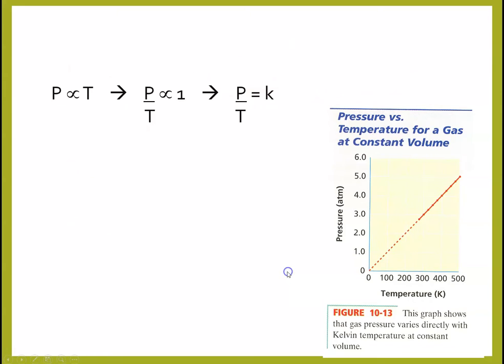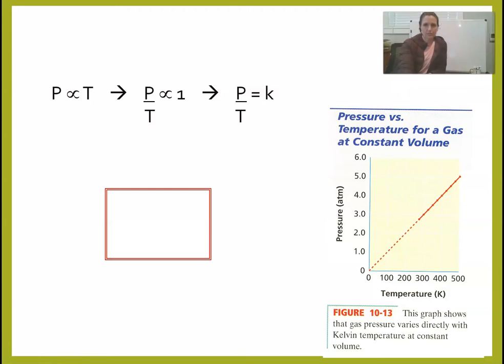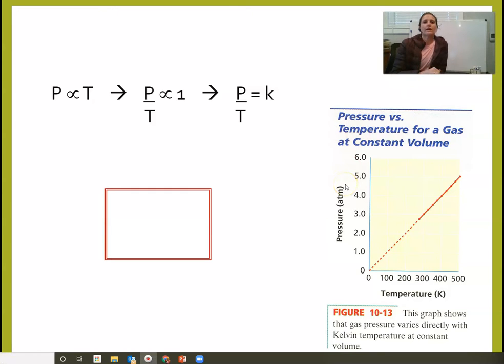What we're going to do now is look at the derivation of Gay-Lussac's law, and it's very similar to the derivation of Charles' law. Gay-Lussac's law is very similar to Charles' law in that we are still mapping a straight line right here. And just like in Charles' law, we can do a little sample math problem.